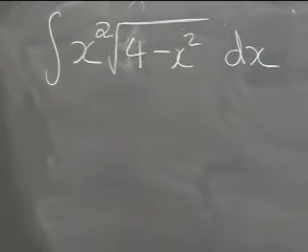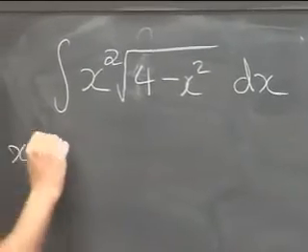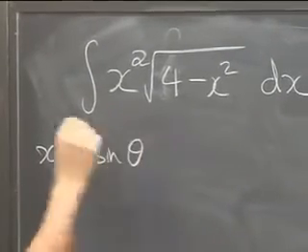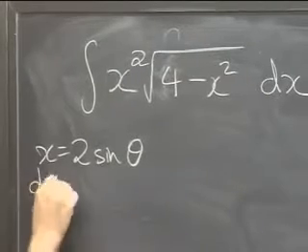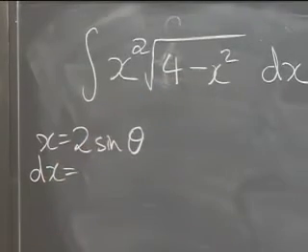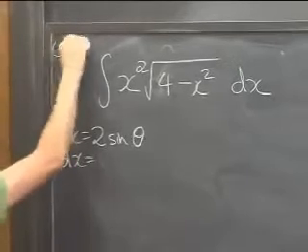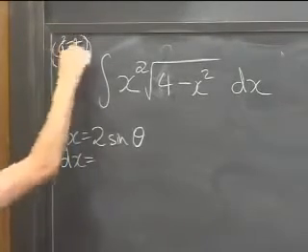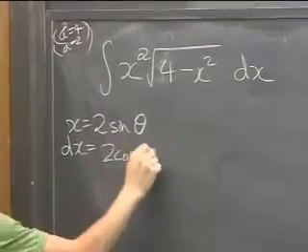Okay, so if I want to do that, I'm in the first case, so I'm going to let x equals 2 sine theta, and I have dx. And why the 2, by the way? Because it's the square root of 4. So my a squared is 4. So a equals 2. So dx is 2 cosine theta d theta.